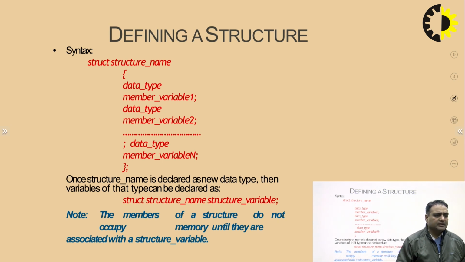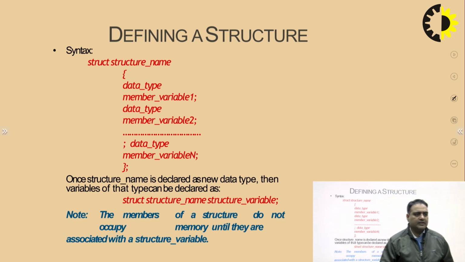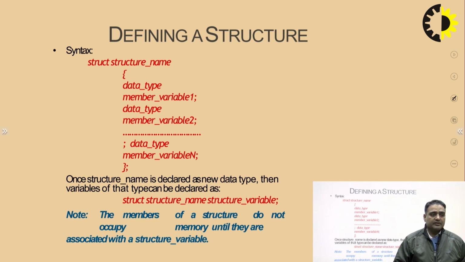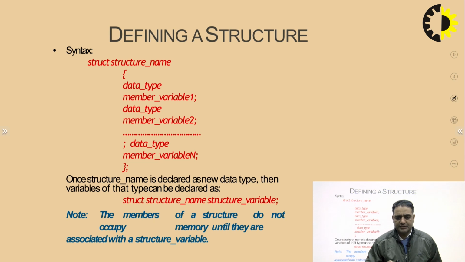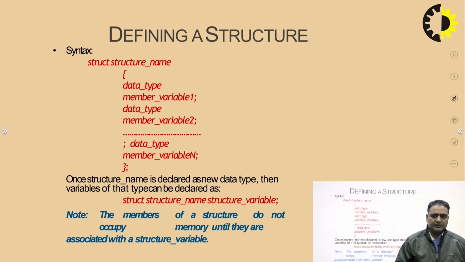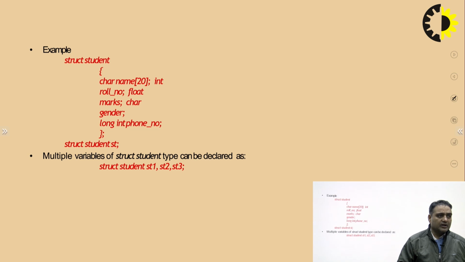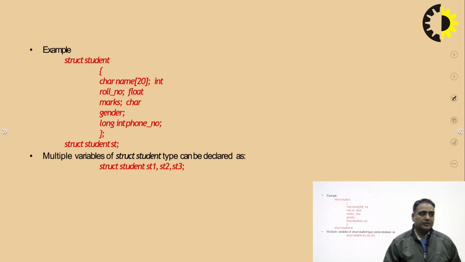For example, if we are defining a structure in the context of students, then the members are name, roll number, marks, gender, and phone number.